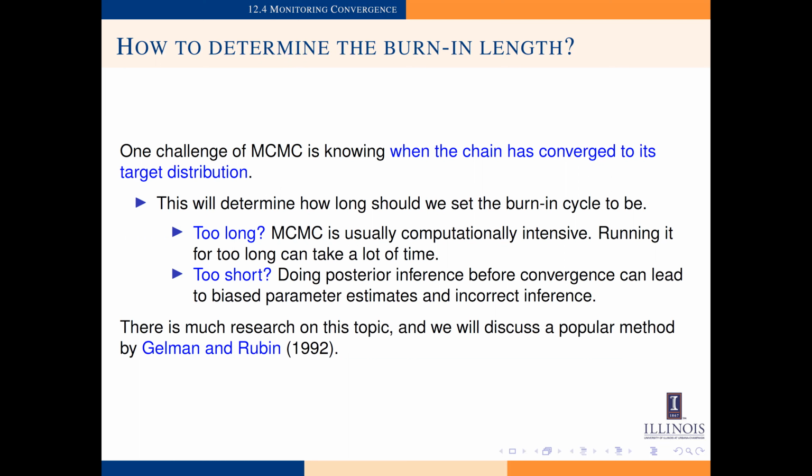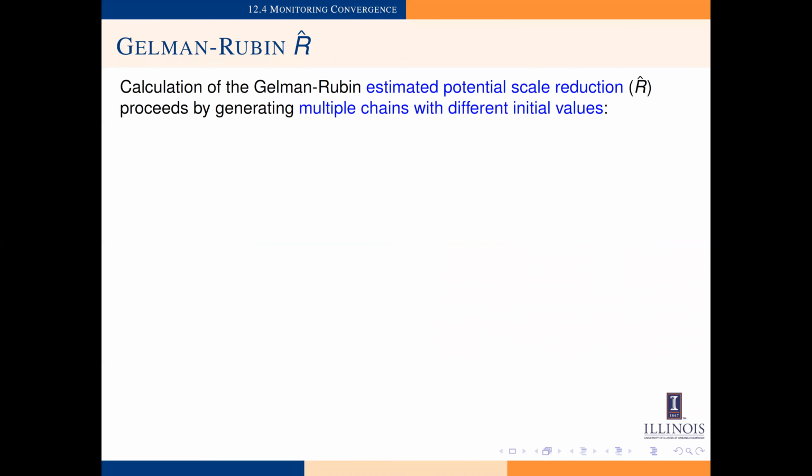There's a lot of ongoing research on methods for determining and monitoring chain convergence. However, we will just discuss one popular and classic method here, developed by Gelman and Rubin in 1992. The idea of the Gelman-Rubin method is as follows.